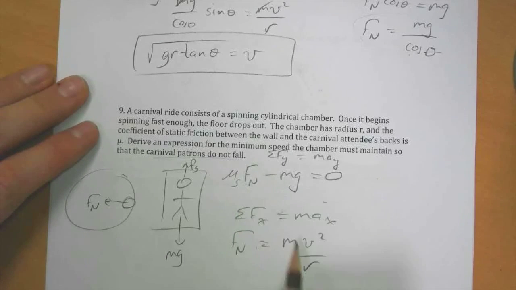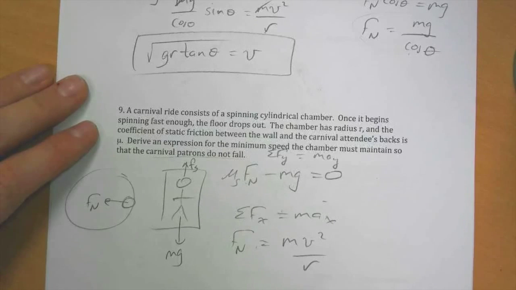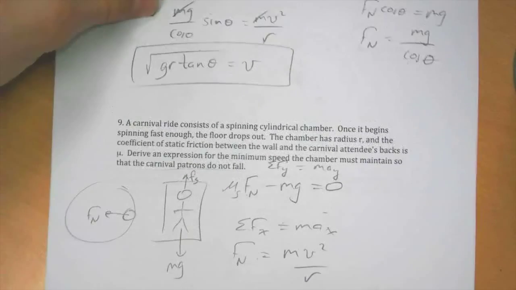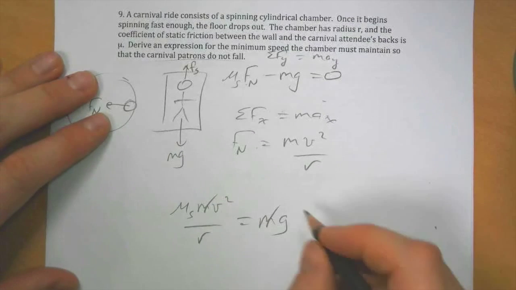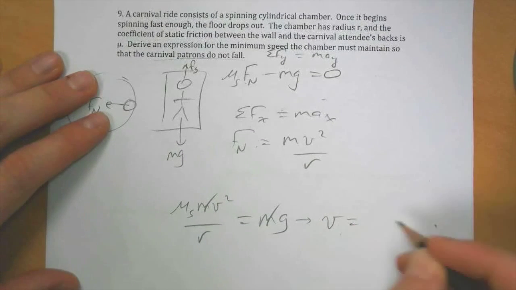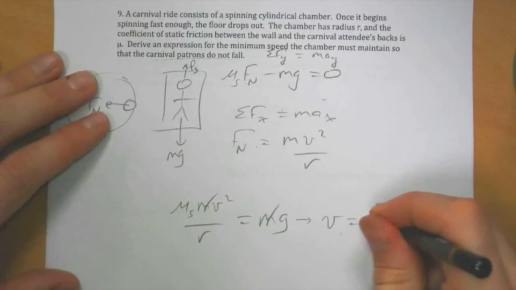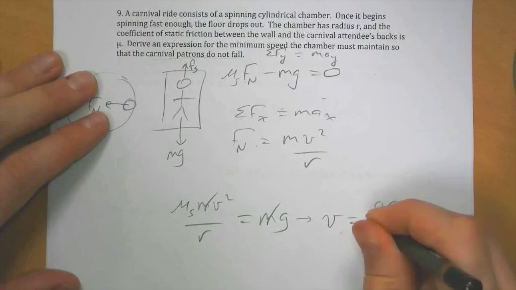Plugging in for normal force, mu(s) mv squared over r minus mg equals 0, so mu(s) times that equals mg. Sorry, mass cancels out. And what do we have? v equals the square root of gr over mu(s).